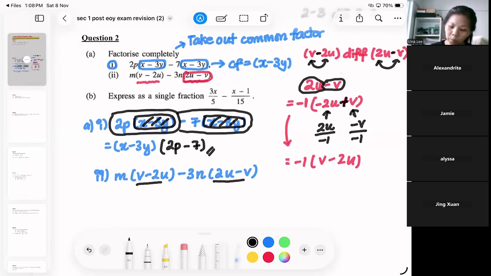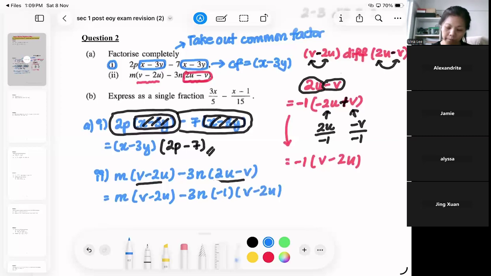And I am going to factorize out a negative: negative 1 times v minus 2u. So I am factorizing out a negative 1.